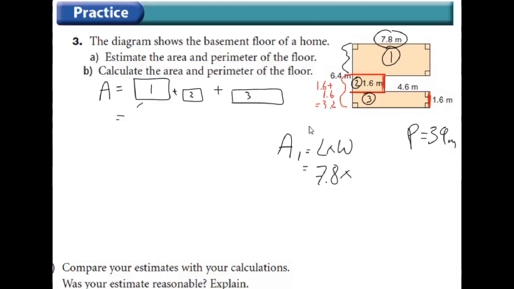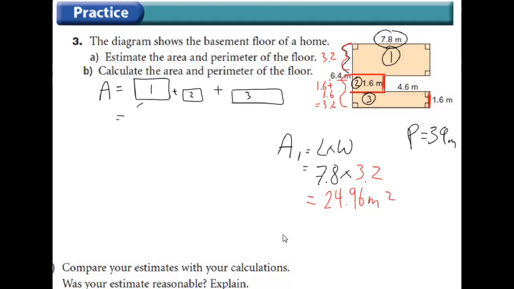So if these two together are 3.2, this piece here has to be 6.4 minus 3.2. So this piece here also is 3.2, because 6.4 minus 3.2 will give you 3.2. So I'm going to have 7.8 times 3.2. And that's going to be the area of my first rectangle, which is 24.96 meters squared.